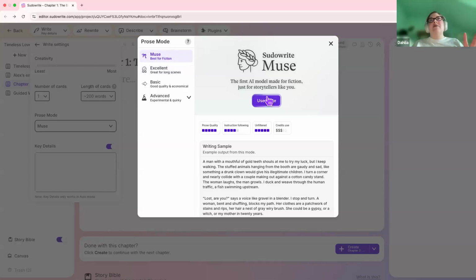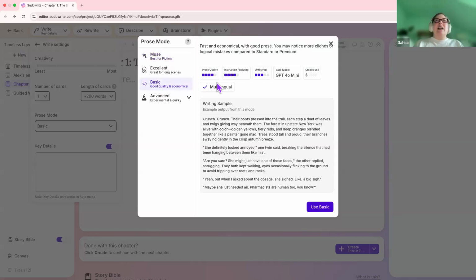But for the stuff in English, I've also seen great results with Muse. And Basic is also a good model to start out with when you're new because it's rather cheap, so you can try out different promptings and see how well you can use the software without burning through too many credits.